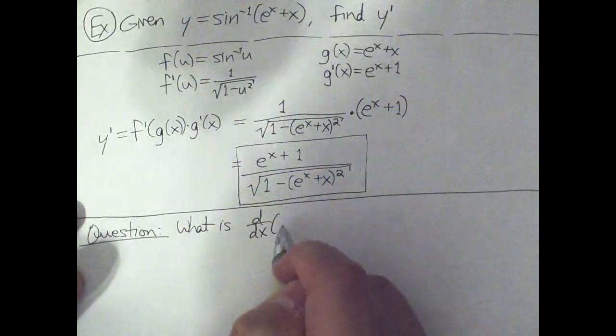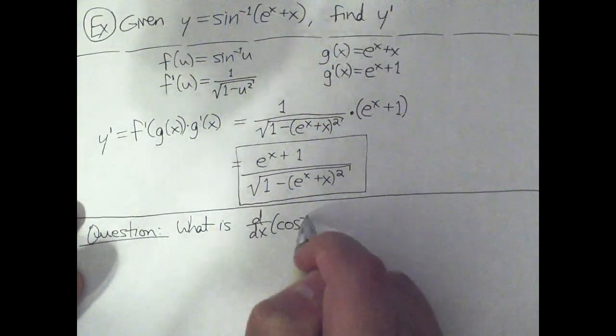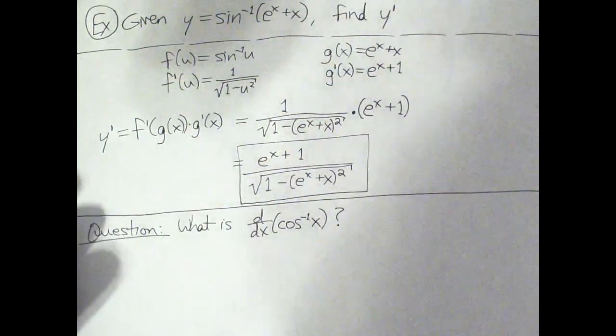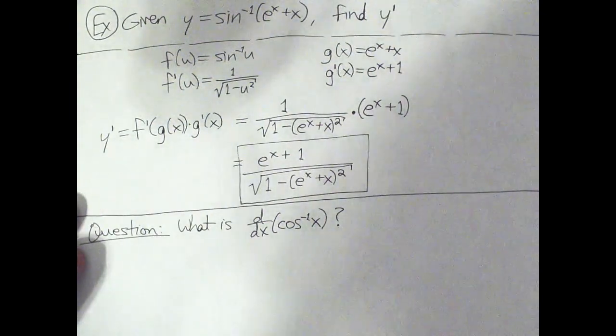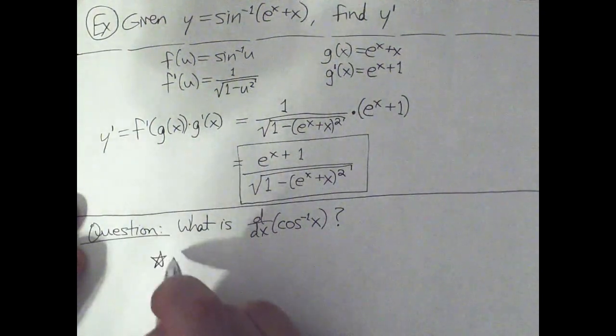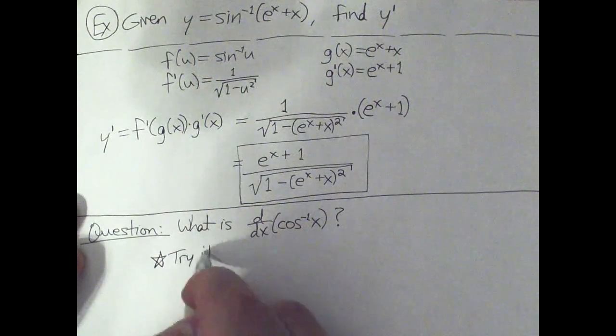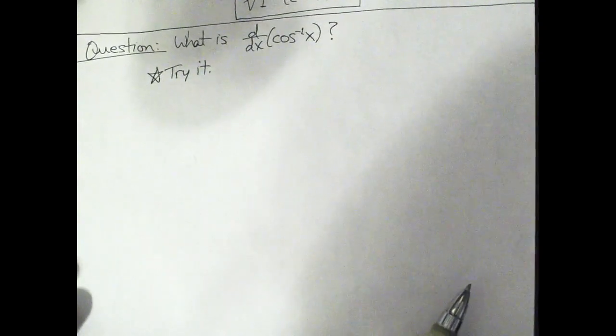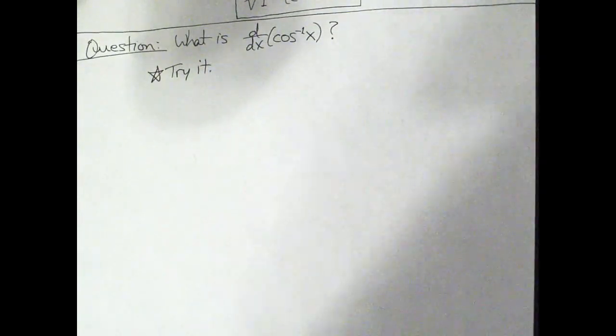How about this? Think about what we did in the previous step, and I'm going to encourage you to try it. See if you can figure out the rule. Maybe pause the video and compare with what we did for inverse sine, and then check back with me.